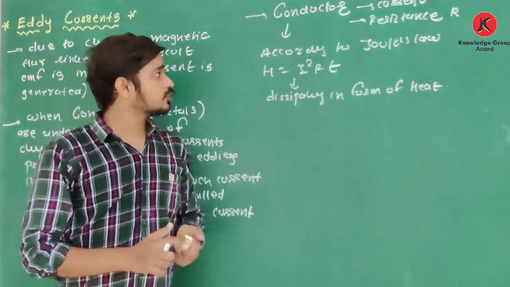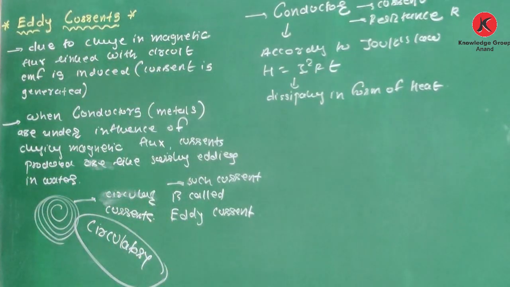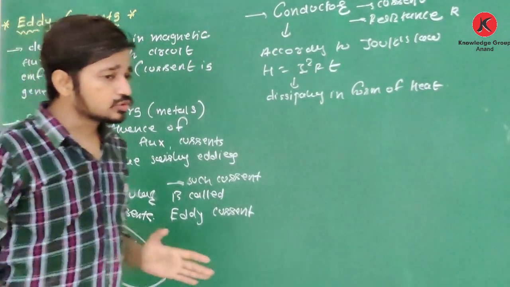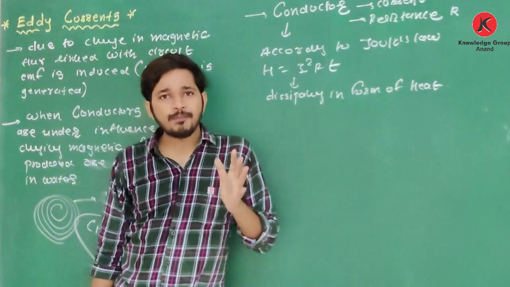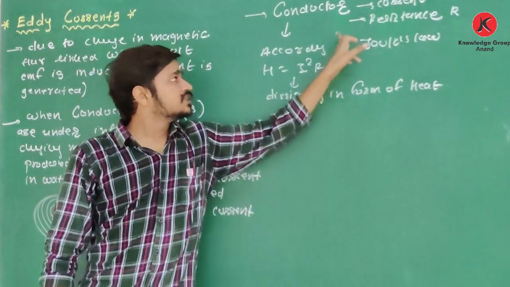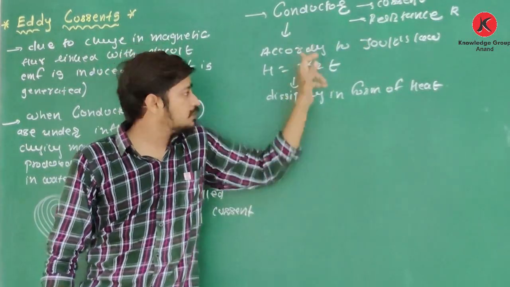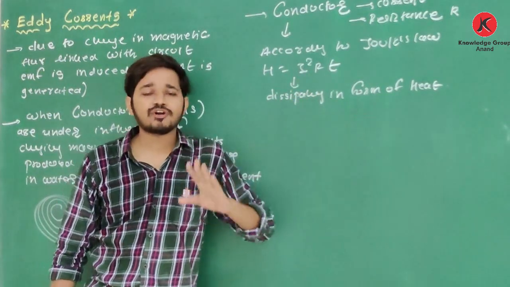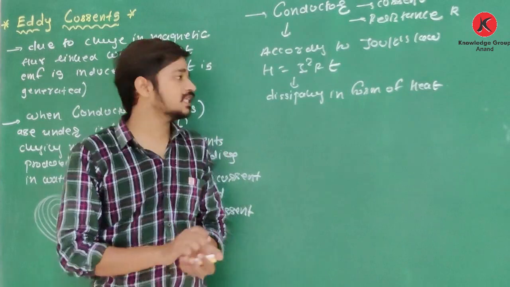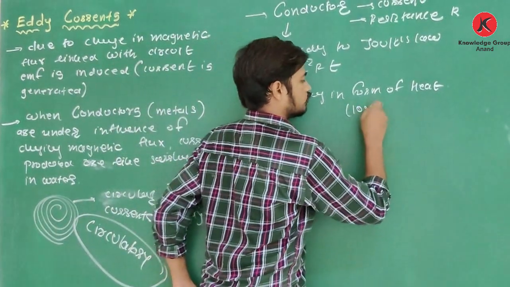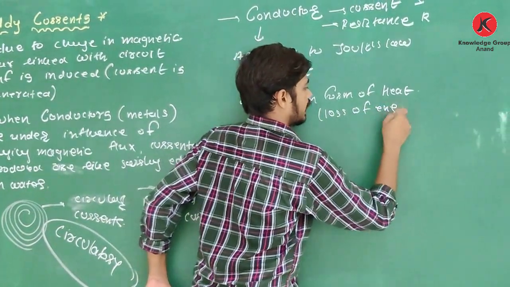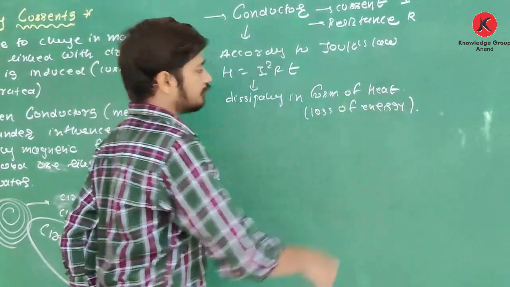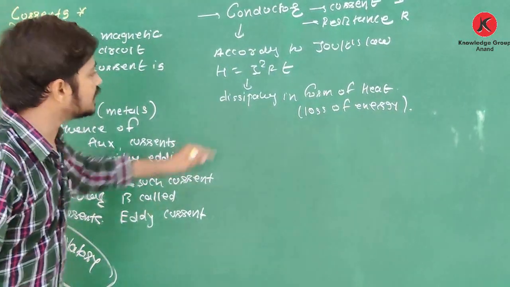Clear about this? So whenever eddy currents are produced in metals, in conductors, this current will produce this much amount of energy which is dissipated in the form of heat. Means it is nothing but loss of energy. So how to reduce this effect?